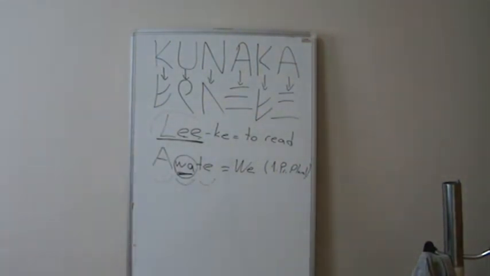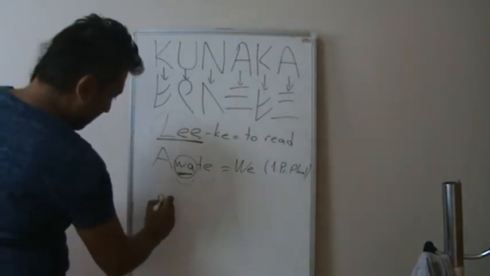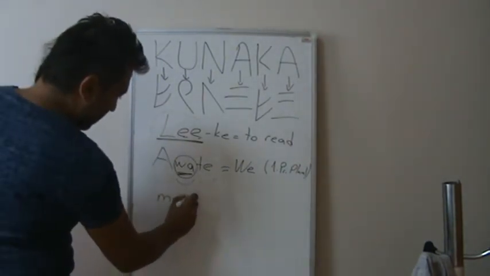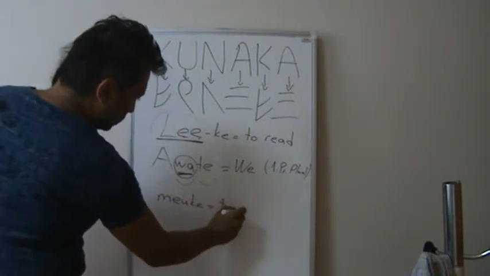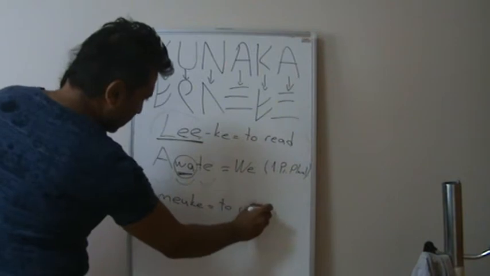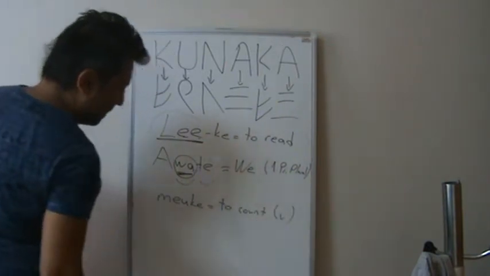Another example I want to give you is mevki. Mevki is to count. It's a verb.